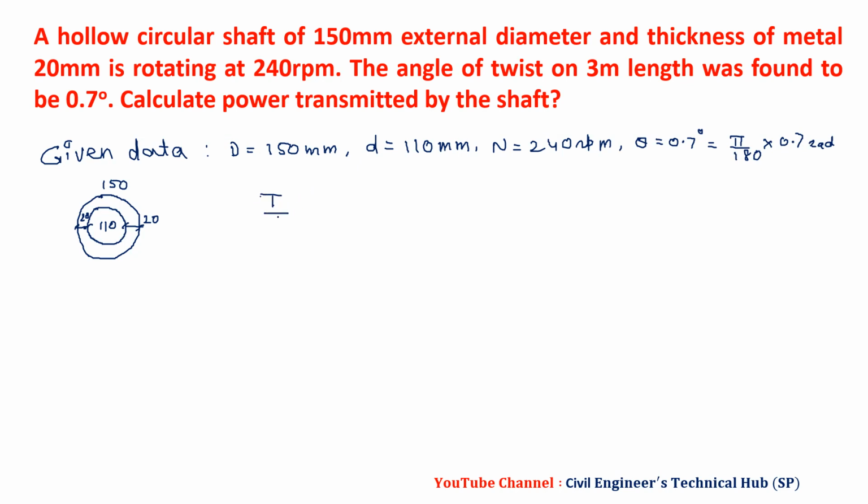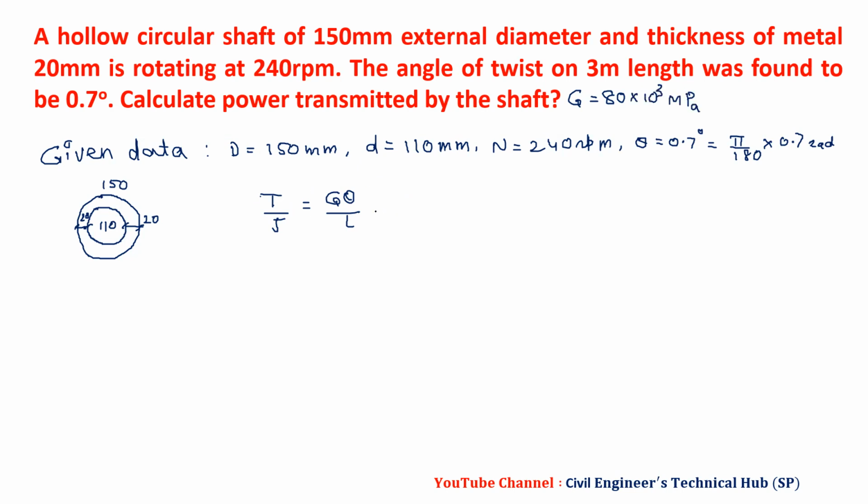So T by J is equal to G theta by L. Tau is not given. G is also not given, so we have to assume 80. I have assumed, I will check it. Yes, 80 into 10 raised to 3 MPa.